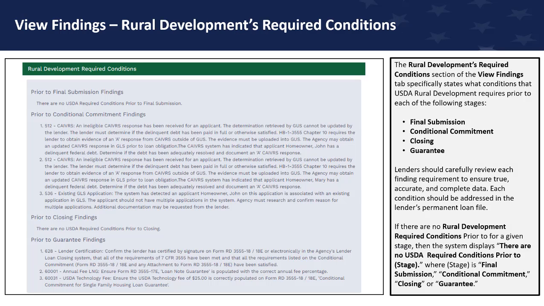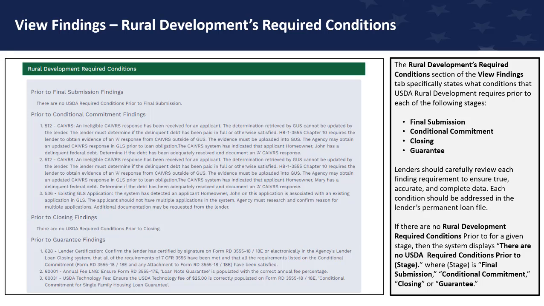The Rural Development's Required Conditions section of the View Findings tab specifically states what conditions USDA Rural Development requires prior to each of the following stages: final submission, conditional commitment, closing, and guarantee. Lenders should carefully review each finding requirement to ensure true, accurate, and complete data.